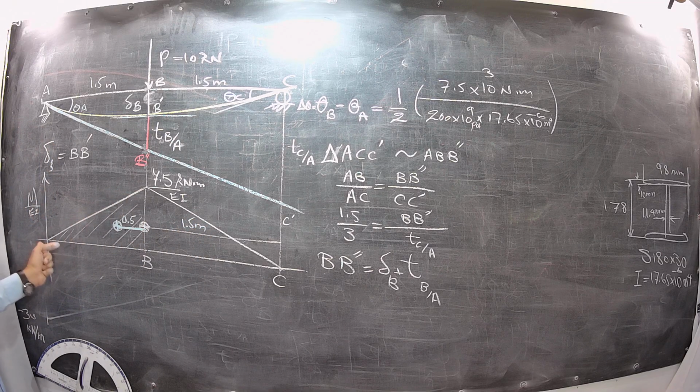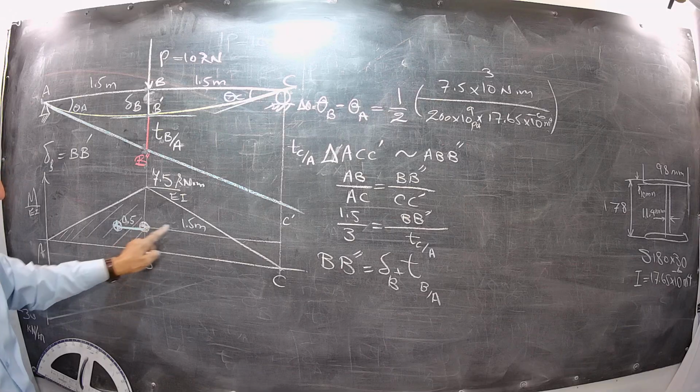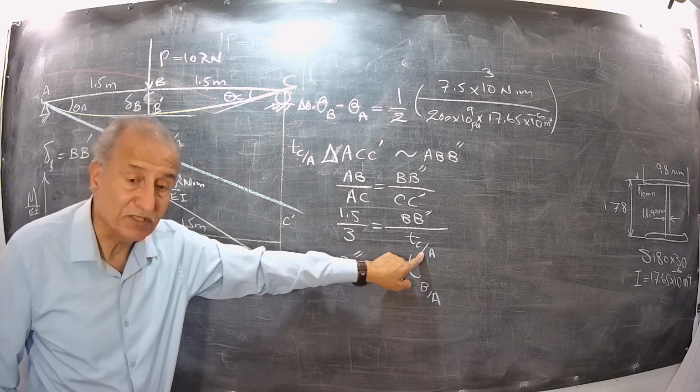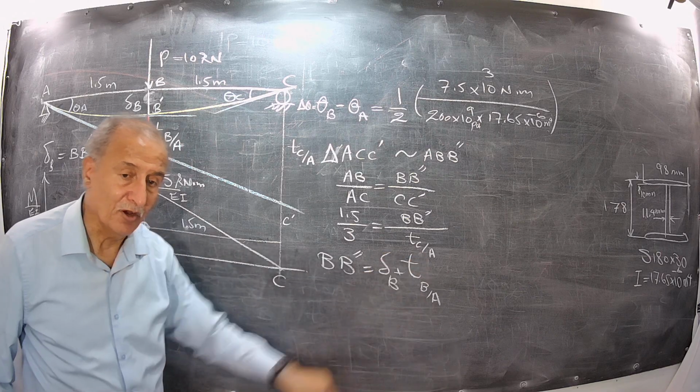Then this area, half area, times 0.5 gives you TBA, and the whole area times 1.5 gives you TCA. That's the second theorem of the moment area method.